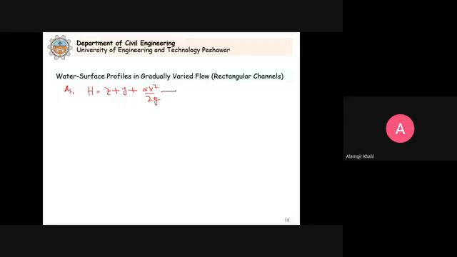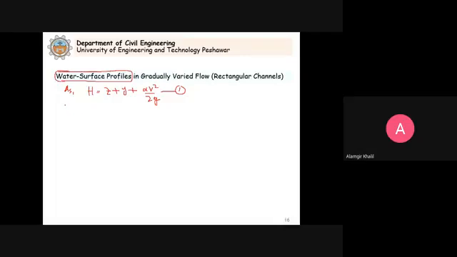Let's say this is equation 1. This is the total head at any section in an open channel. Now for the water surface profiles, because the depth will vary in the direction of flow, we need to differentiate this with respect to x.